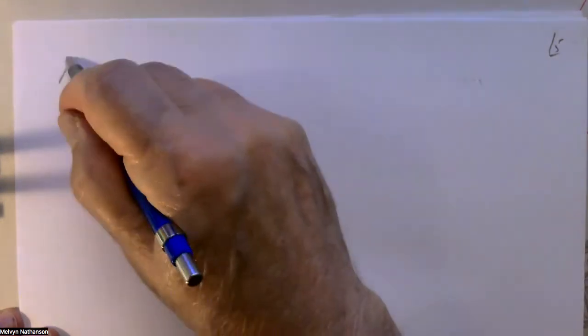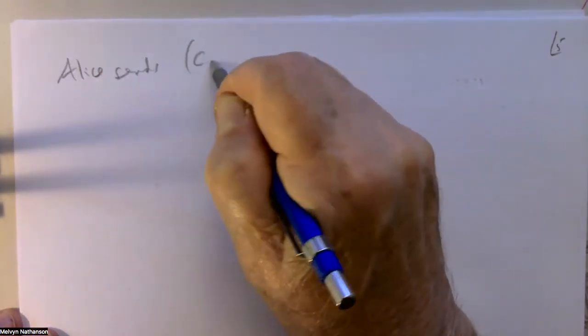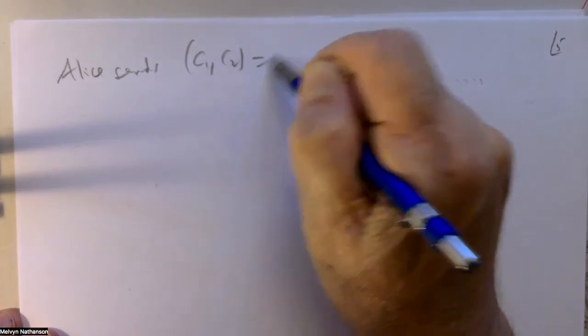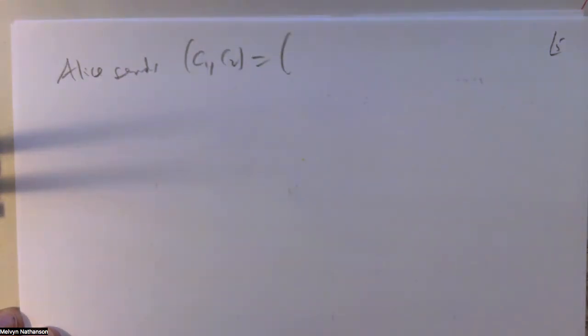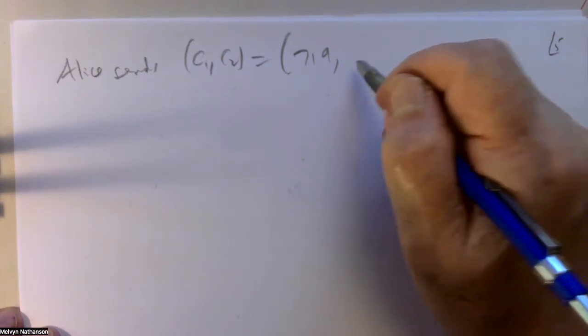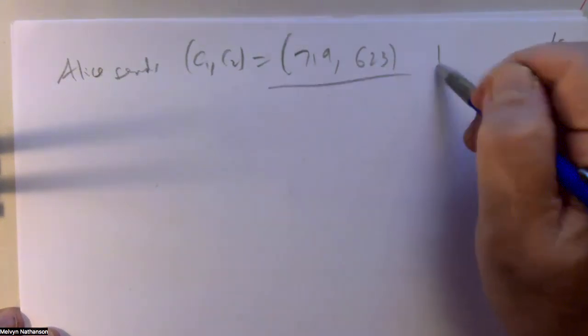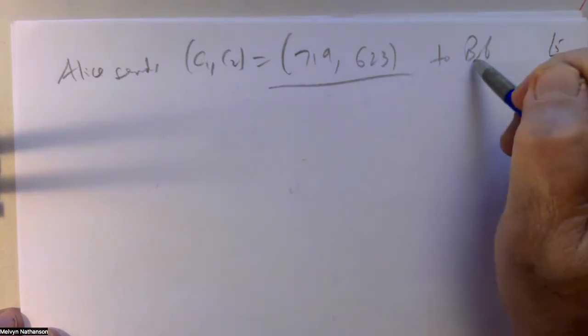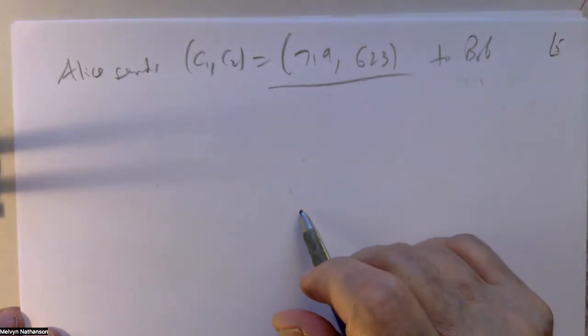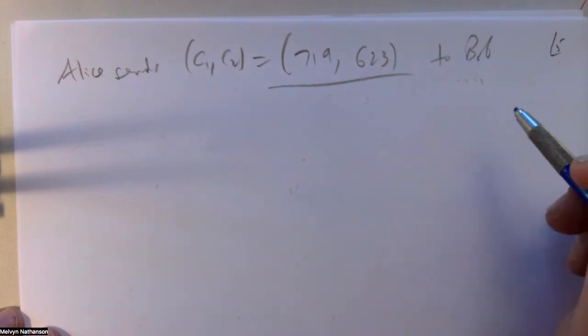So in this Elgamal cryptosystem, Alice sends the pair C1, C2, which is equal to what? 719 is C1, and 623 is C2. She sends this to Bob. And now Bob wants to decipher this.